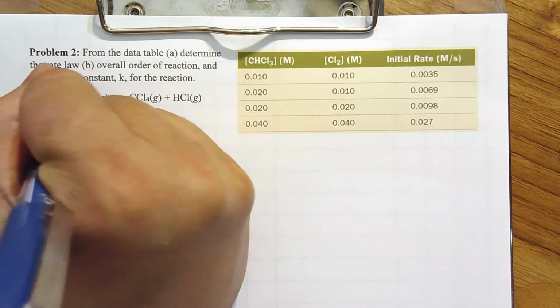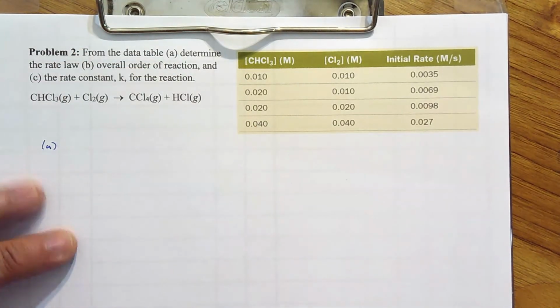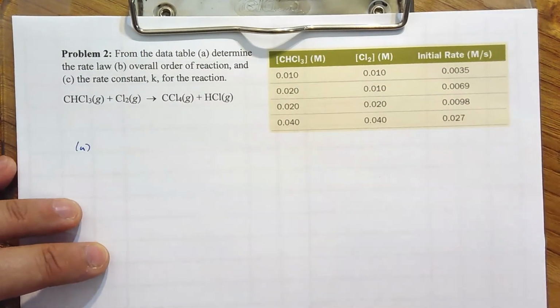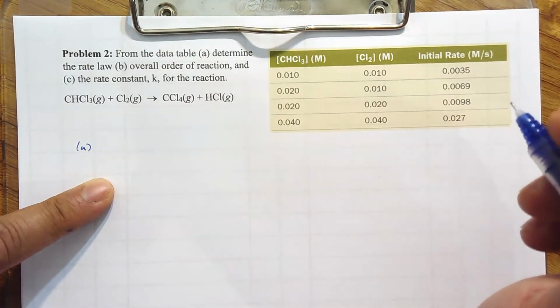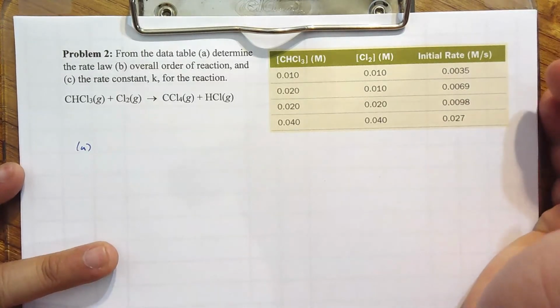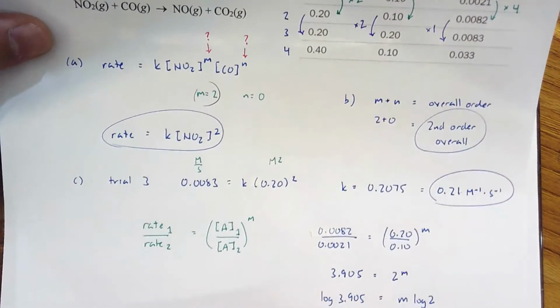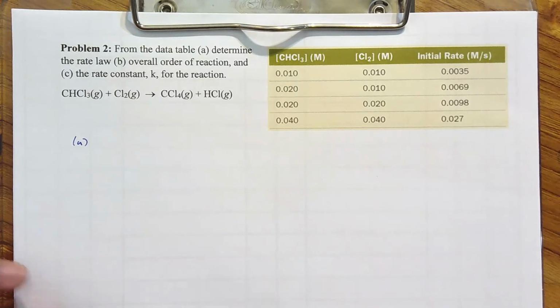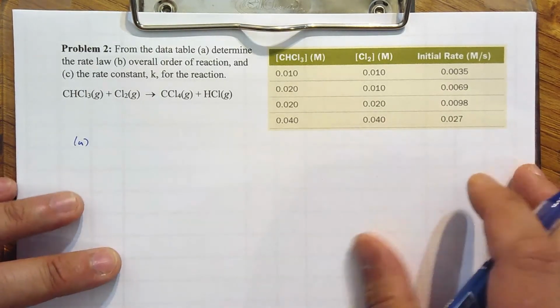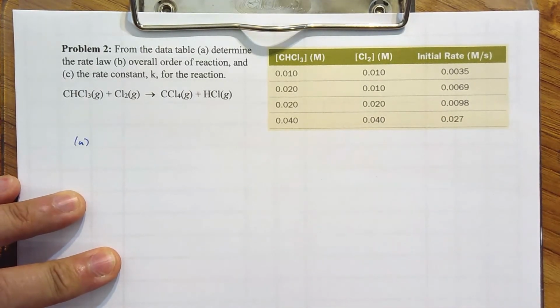Let's write the rate law. Do you want to do this before I do, to test yourself? If you want to give this a shot and you understood how I did the math to get the exponent, go ahead and pause the video and come back and compare it to how I would do it.